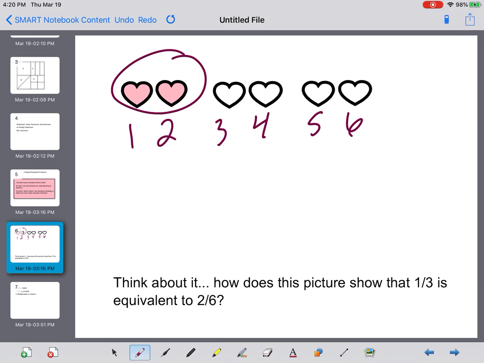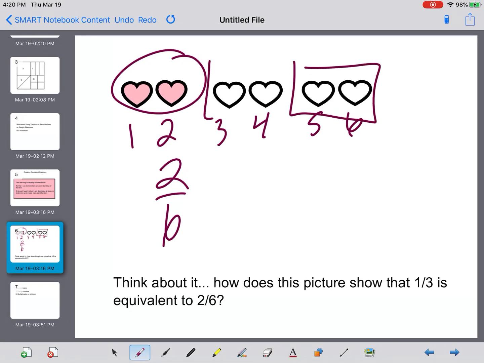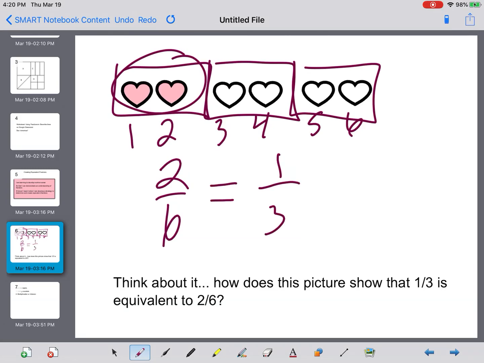So 2 out of the 6 hearts are colored in. But what we also see here is that our hearts are separated into 3 smaller groups of 2. And of those 3 groups, 1 group is colored in pink, meaning that 1/3 is equivalent to 2/6.